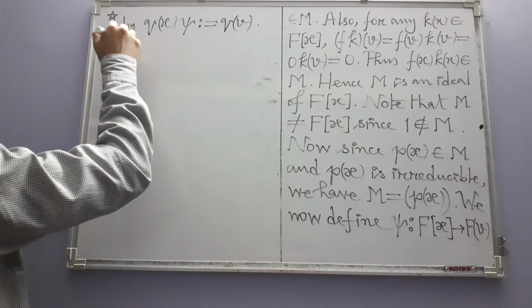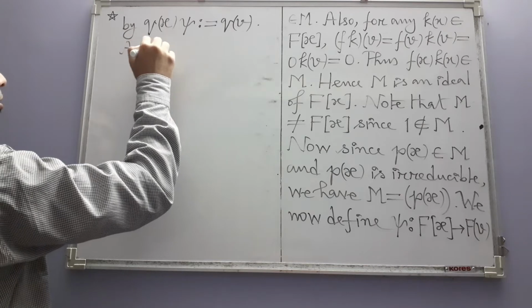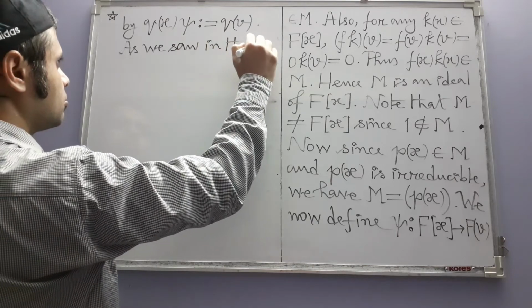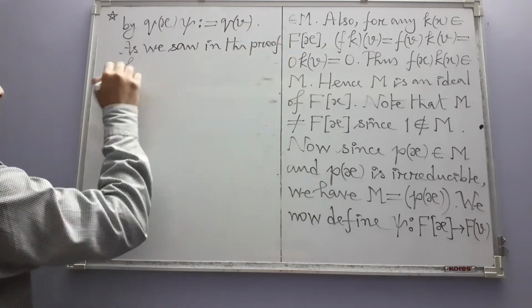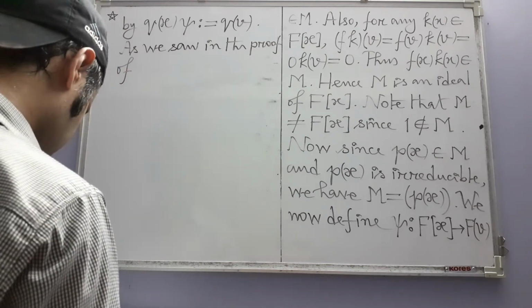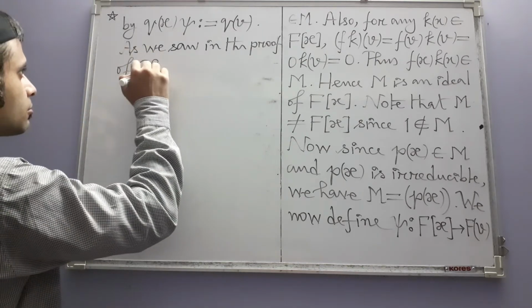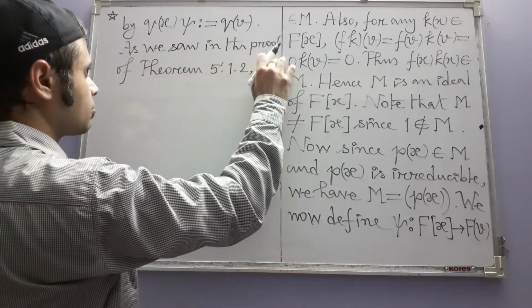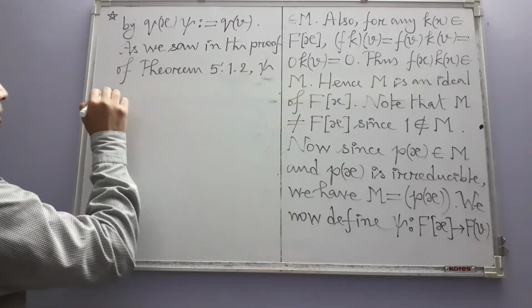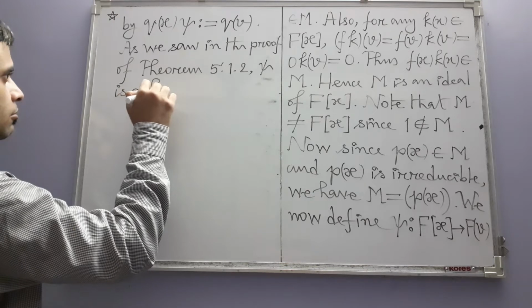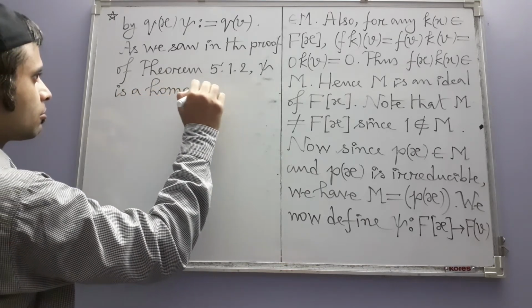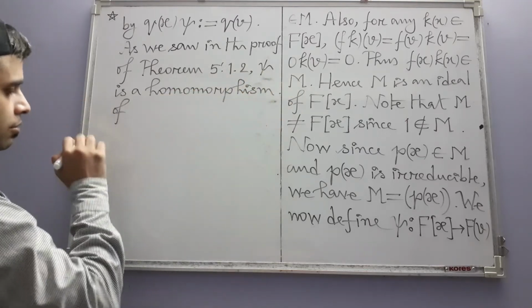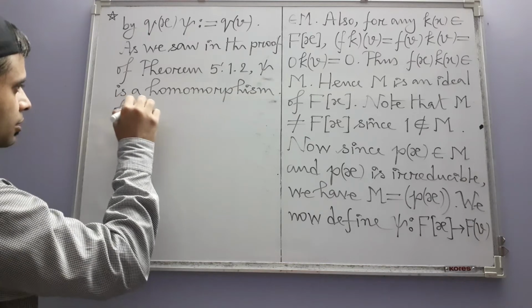So as we saw in the proof, psi is a homomorphism of F[x] onto F(v).